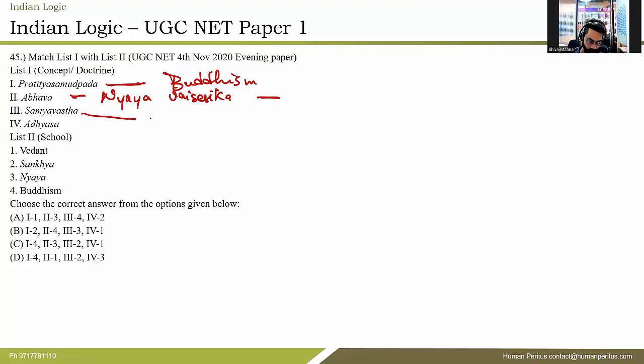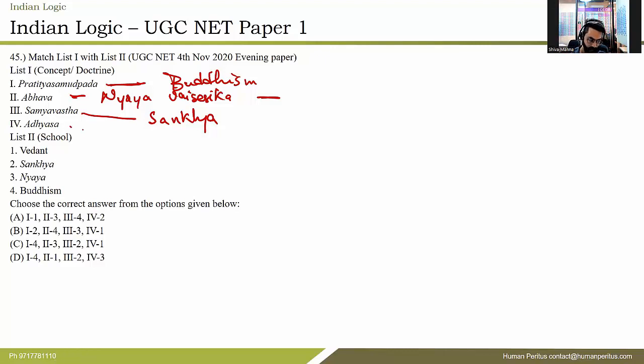Samyavastha belongs to the Sankhya school, and it talks about how the world has evolved from the prakriti combining with the self, or the people in it, right?